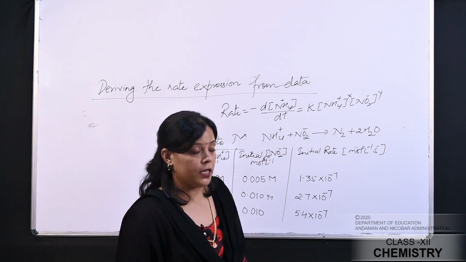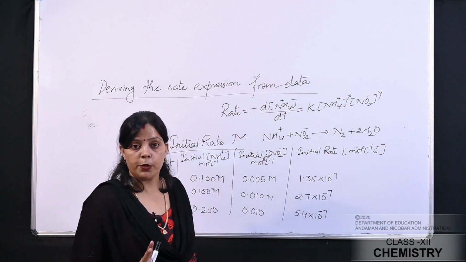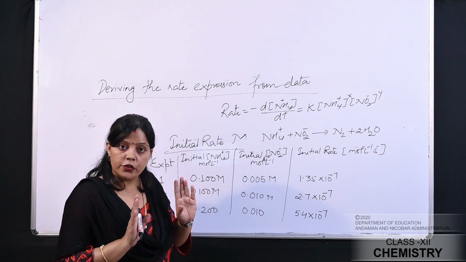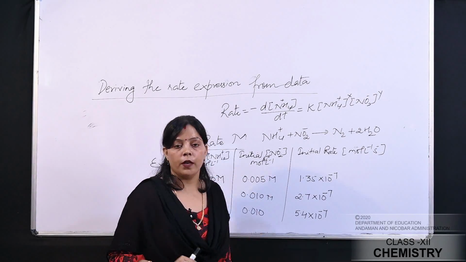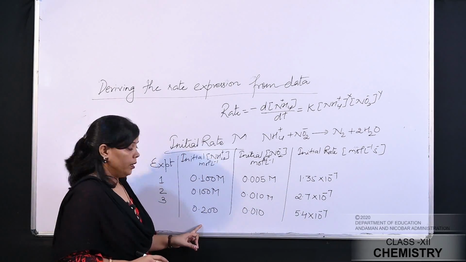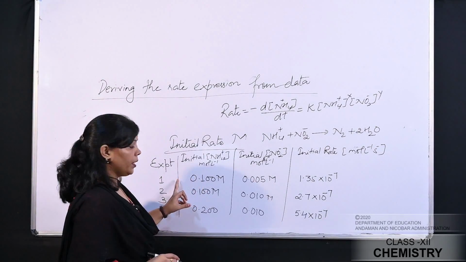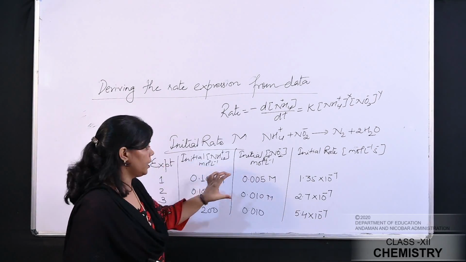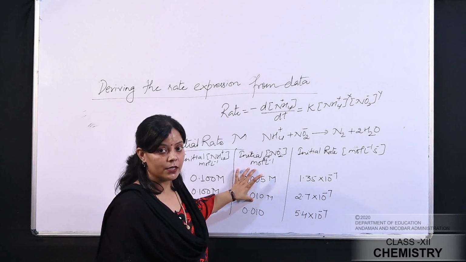The strategy is to first find the 2 experiments in which the concentration of one of the reactants is changing, whereas the concentration of the other reactant remains the same. So in this data, experiment number 1 and experiment number 2, it is clear that the concentration of ammonium remains constant, whereas the concentration of nitrite is changing.